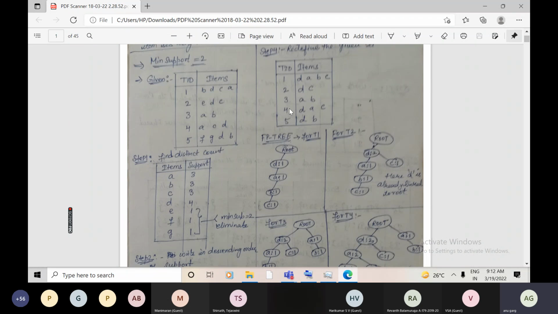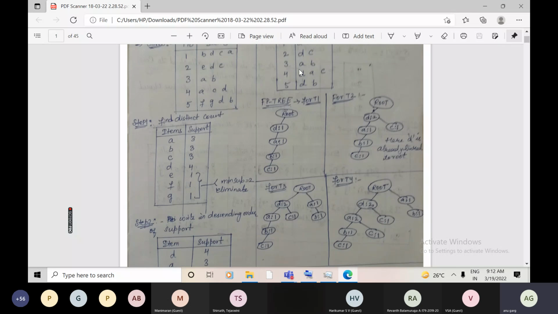For transaction number 2, the items are D and C. D is already connected to the root, so you just need to connect C with D, and you should increase the support of D by 1. Already D has 1 support, and in transaction 2 you have come across D again and you are connecting your C with D, so the support of D will be increased by 1.